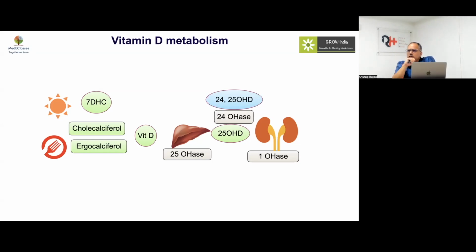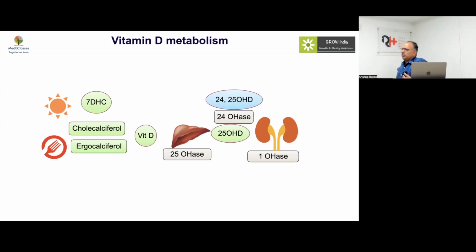Deficiency of 24-hydroxylase will present with excess of vitamin D, so you will have hypercalcemia, and the classical example is idiopathic hypercalcemia of infancy. In that scenario, you will not have vitamin D toxicity without supplementation. But when somebody has been supplemented, they will develop rapid onset polyuria, constipation, irritability, features of hypercalcemia.